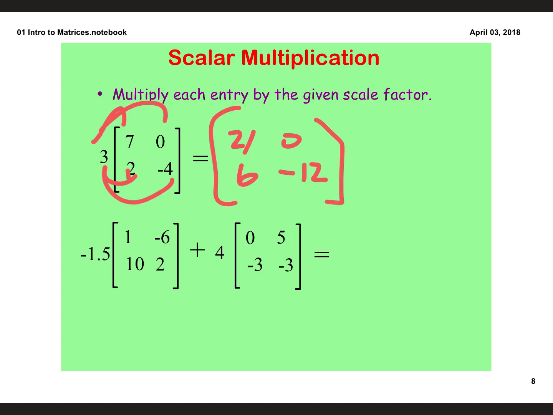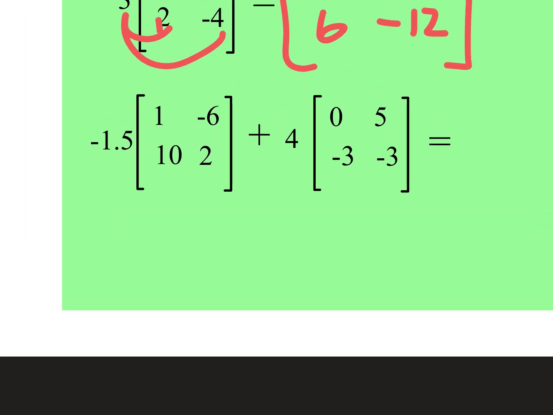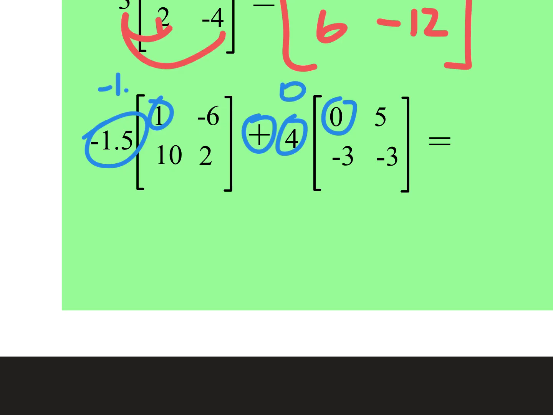Okay, and then this kind, again, as easy as you would think, it's this times this. And then you'd add this times this. So negative 1.5 plus 4 times 0 is 0. So this part's 0, and this part's negative 1.5.